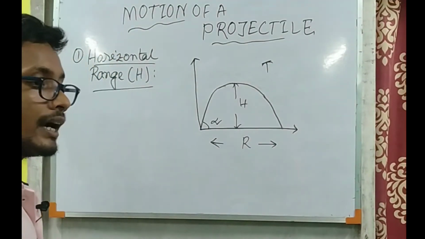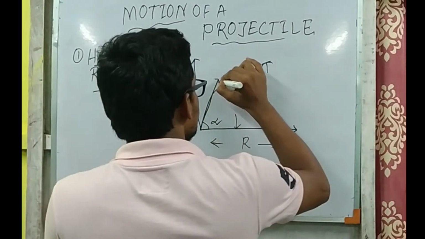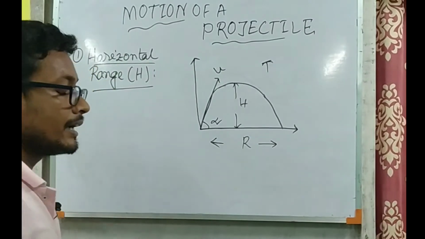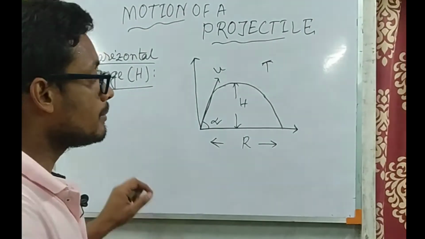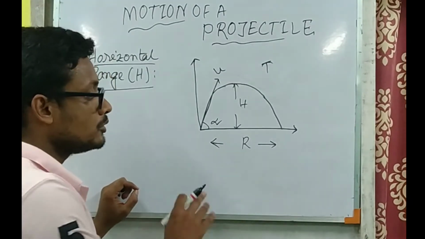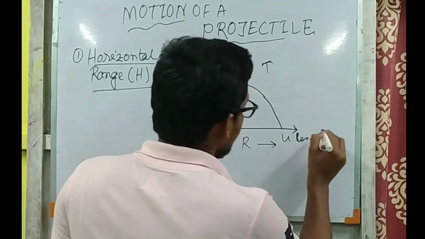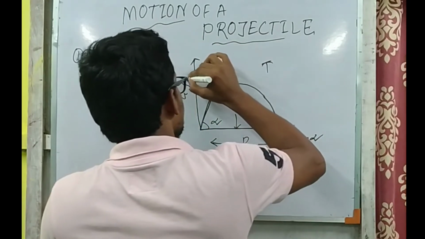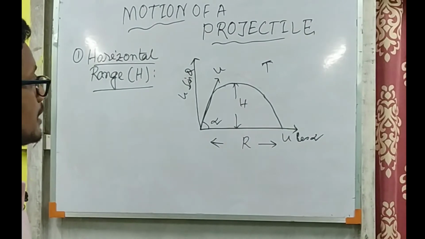To find the horizontal range, we will consider a particle projected from the ground with a velocity u making an angle alpha with the horizon. We can resolve this velocity into two components: horizontally u cos alpha and vertically u sin alpha.